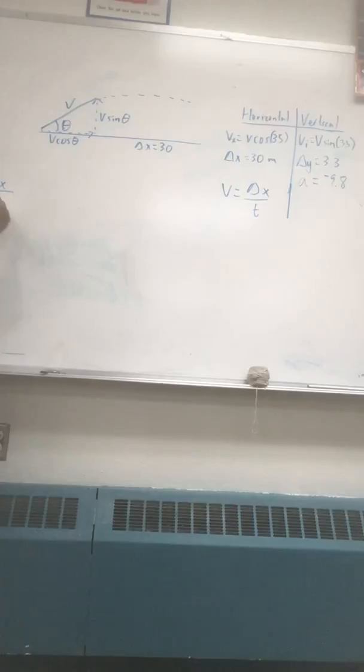I cross multiply, and I end up getting that my time is equal to change of x over my velocity, V cosine of the angle. That's my time.